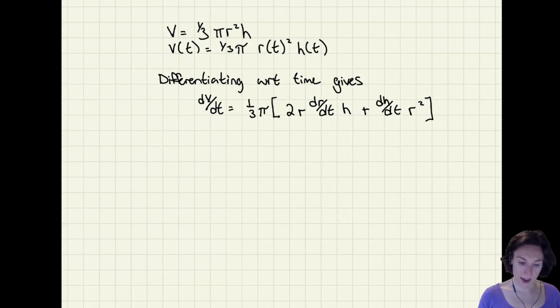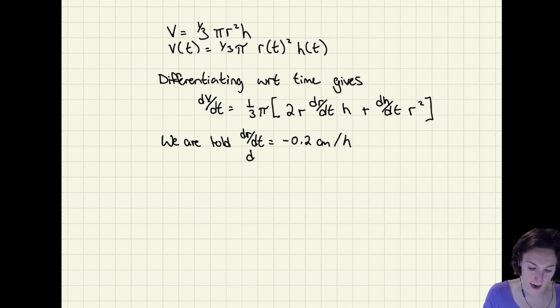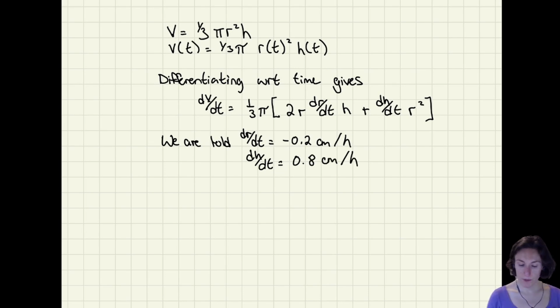Okay, so we are told that our dr/dt is equal to negative 0.2, and this is centimeters per hour, and our dh/dt is equal to, it's increasing, so positive 0.8 centimeters per hour.